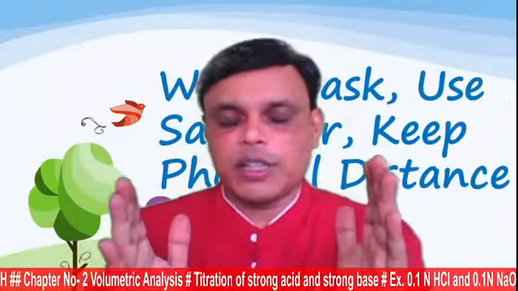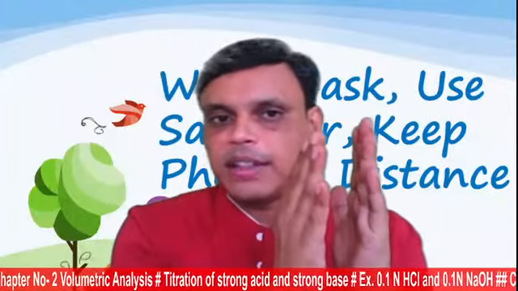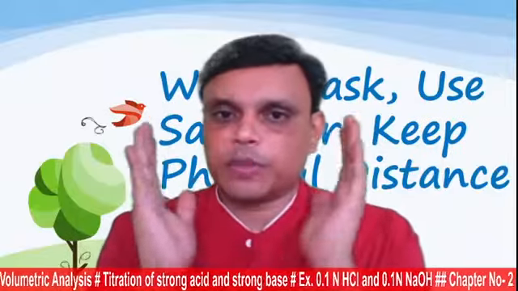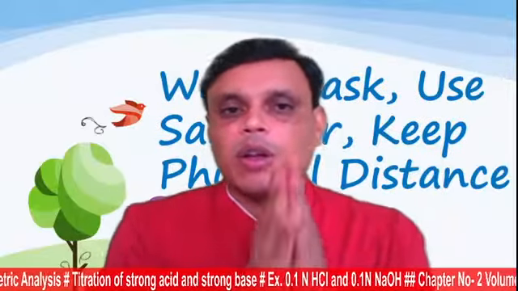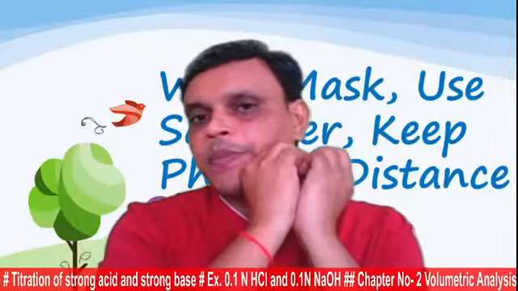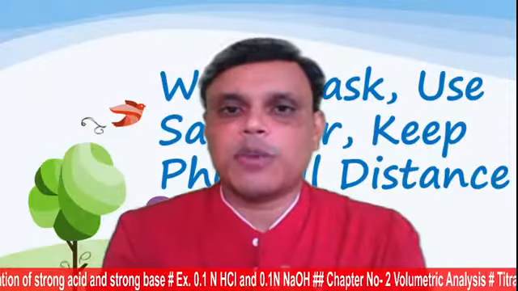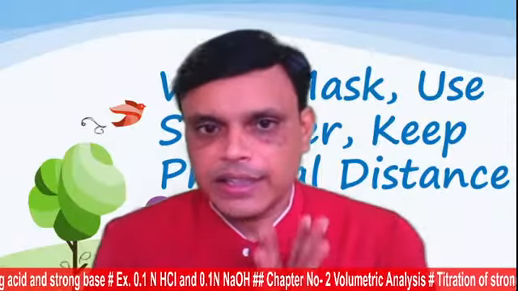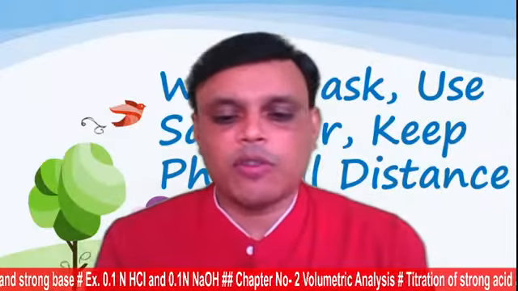And at the equivalence point, the number of H plus ions will be equal to the number of OH minus ions. That means, in other words, H plus ions are neutralized by OH minus ions and your solution will become neutral, and at the equivalence point you will have pH equal to 7. Okay? This is the summary of today's lecture.